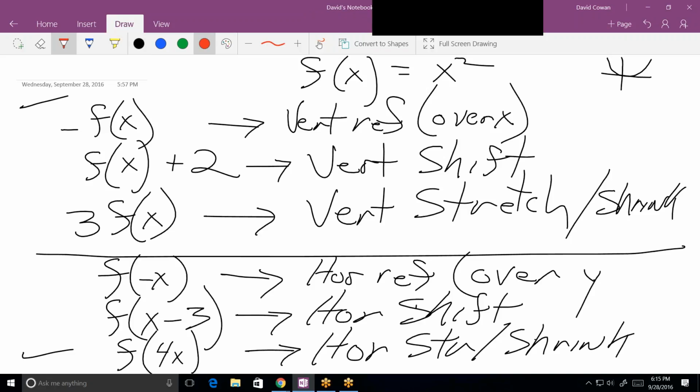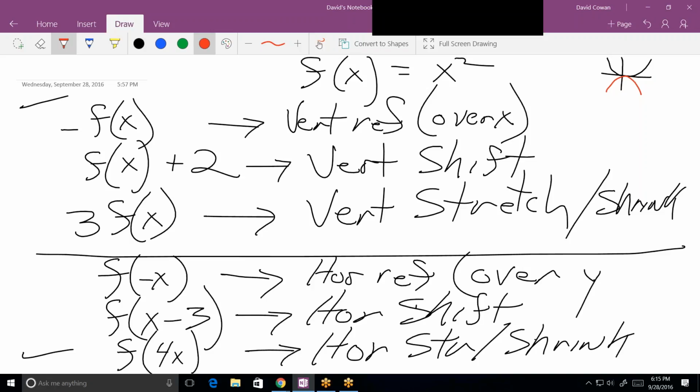Well, minus f of x is a vertical reflection, which means I'm going to take my parent function and reflect it over the x-axis, which gives me that. You with me? Can you see everything? Okay. That's if I had minus f of x.